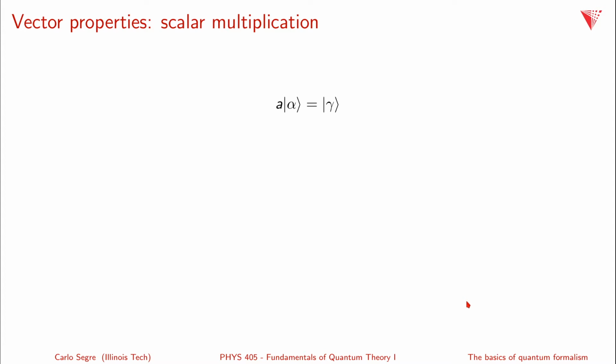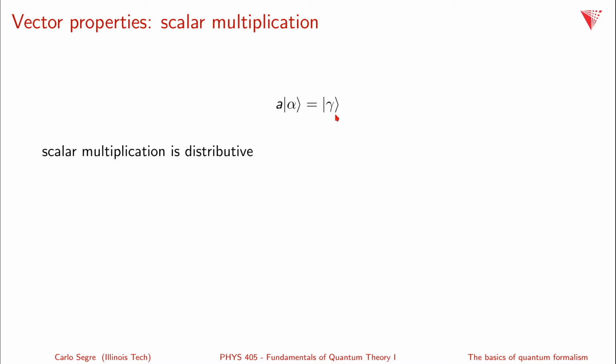We can also bring in the vector properties that are related to scalar multiplication. So you take A as a scalar, you multiply it times a vector alpha, or wave function alpha, and you get gamma, a new wave vector.